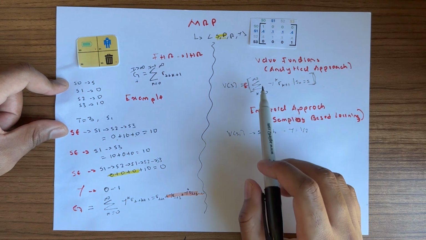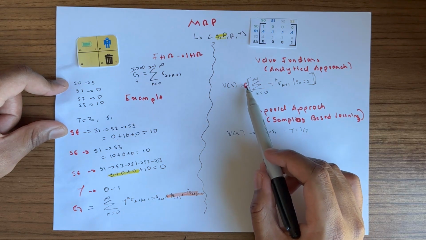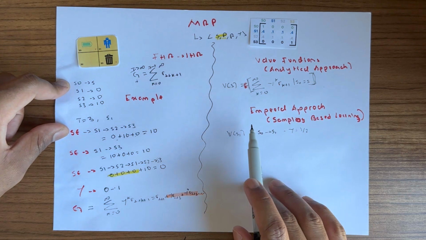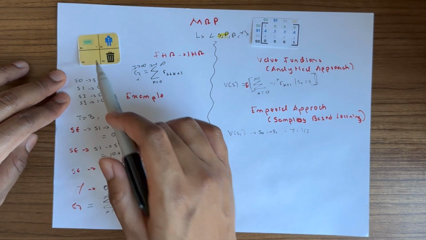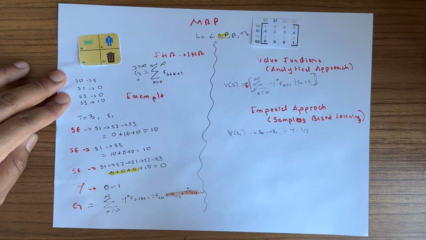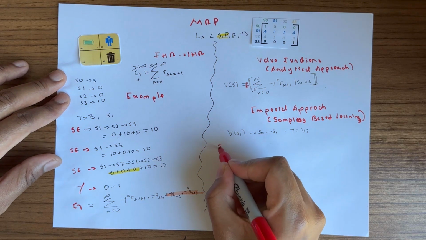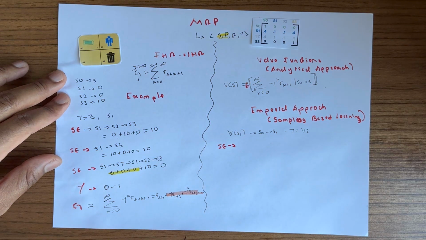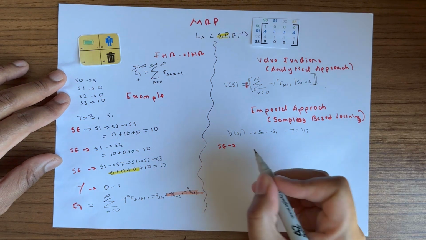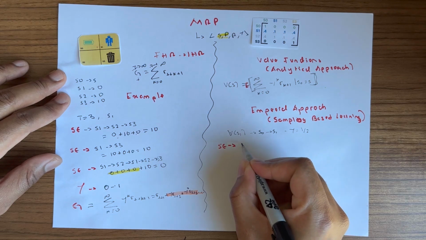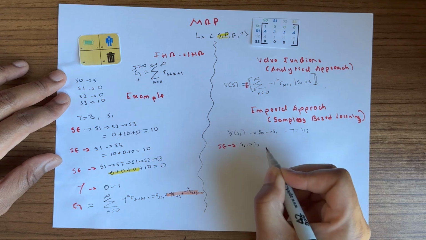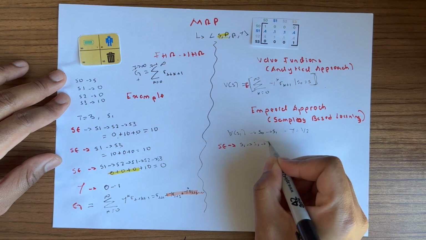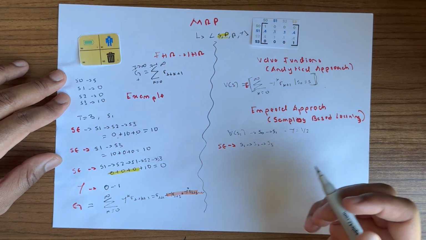This method is just going to use this formula, but without the expectation. From this particular S1 state, we are going to sample some episodes. So a sample episode could be from S1 it can go to S2, then from S2 it can go to S3, and S3 is a terminal state, then we stop.